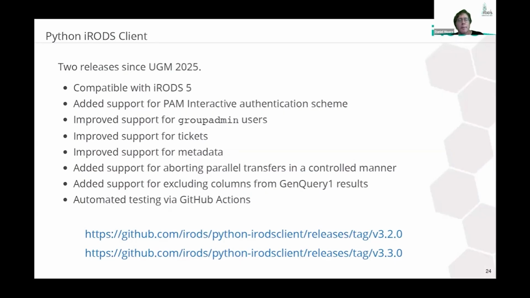You can use a new capability that's been introduced: you throw a negative sign in front of a column and it will subtract that from the list of result columns coming back from the query. Also, with each push to GitHub, code is checked and tested. The test suites are run with the requisite versions of the Python interpreter and the iRODS server. Okay, on to the example slides.